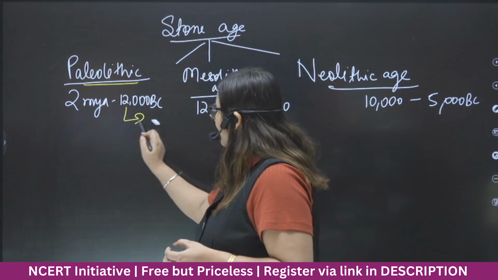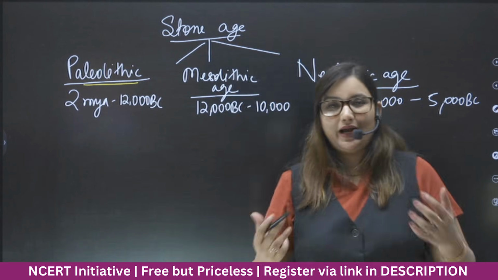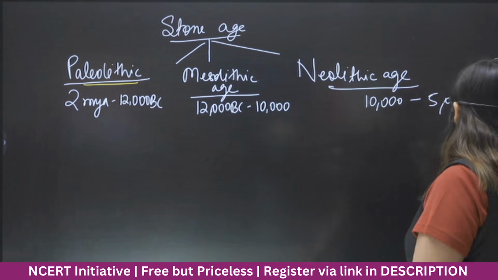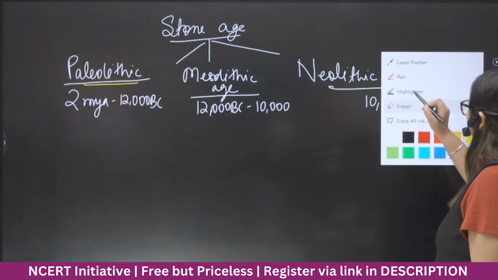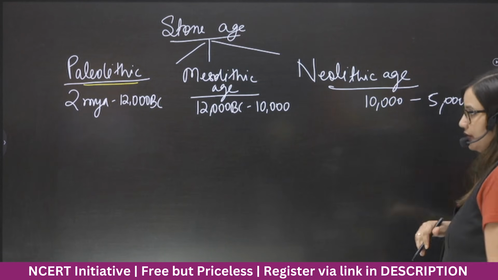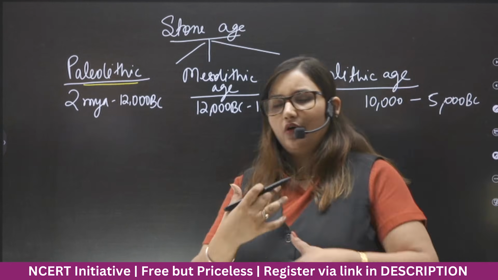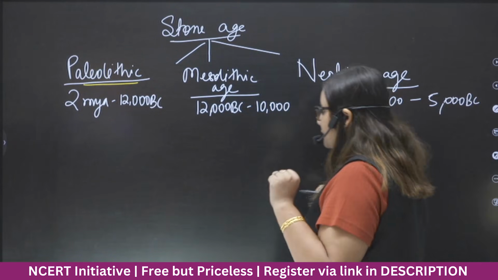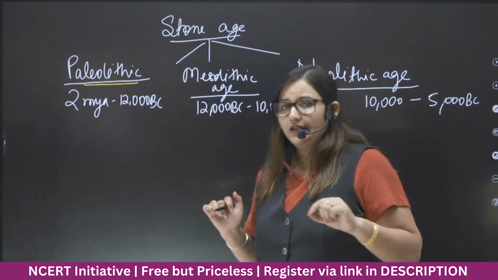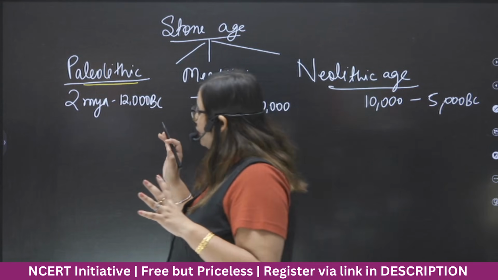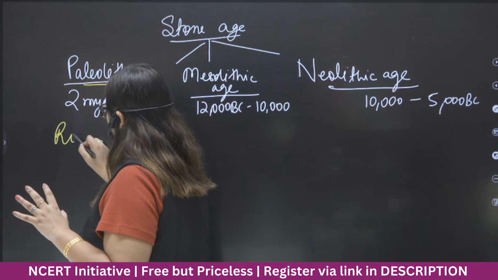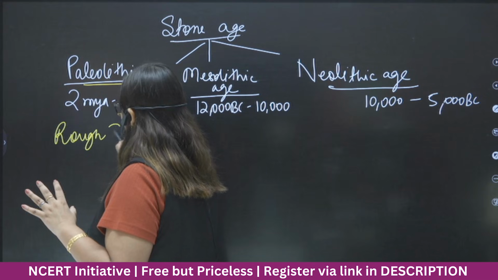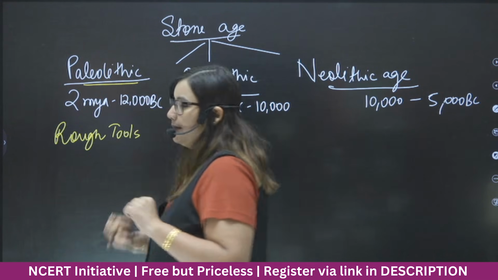So when we start from the Paleolithic Age, what did we have at this time? See, roughly I'll just try to tell you, before I start dictation, the important points related to today's discussion. The Paleolithic Age had only rough tools, rough stone tools. So this is the first point.